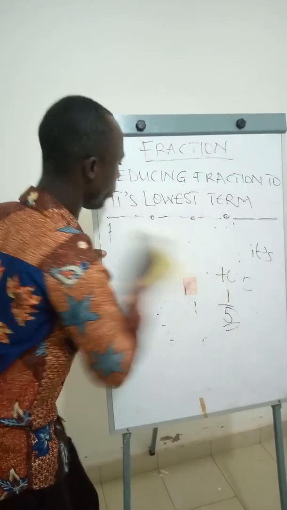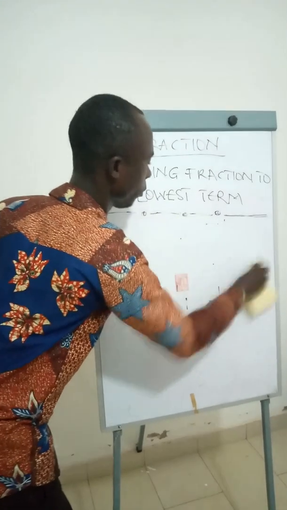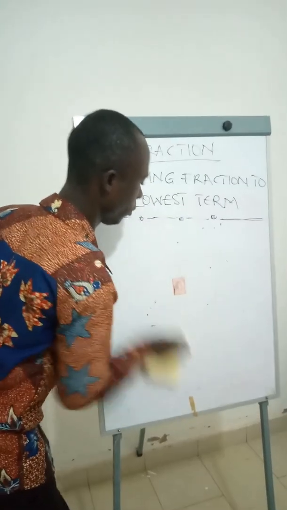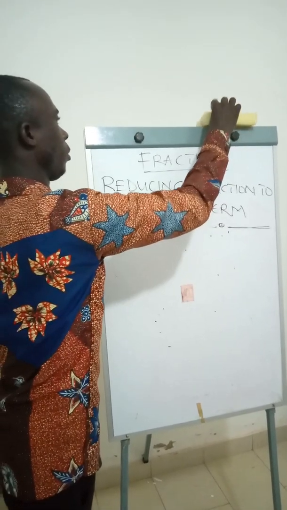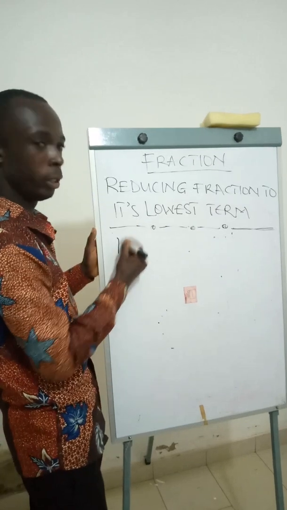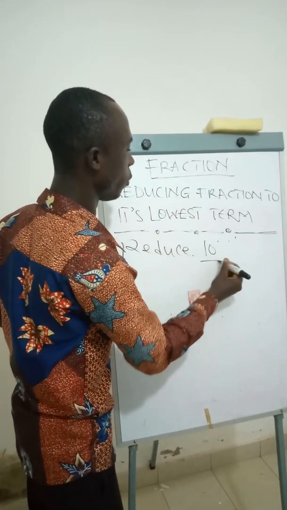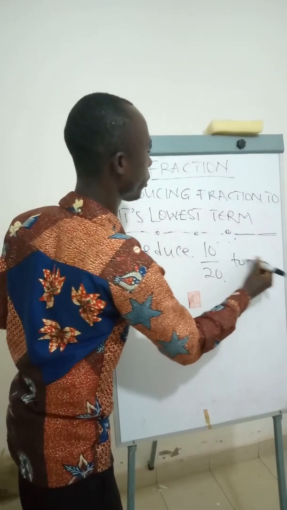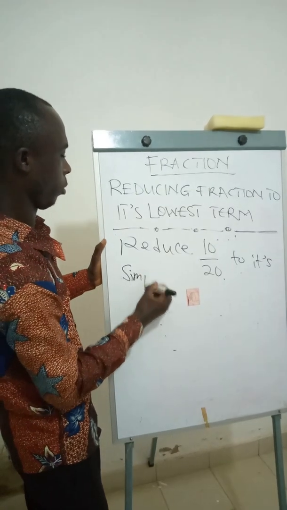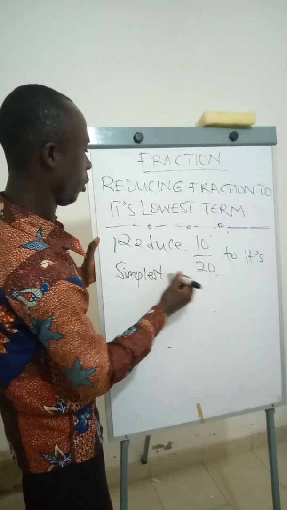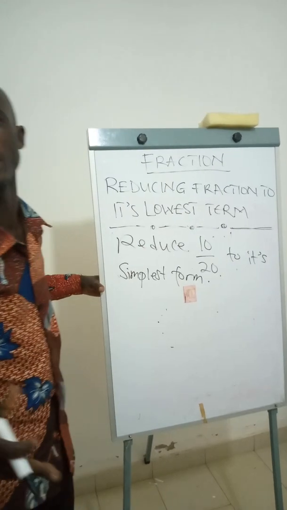The next example. Reduce 10 over 20 to its simplest form. Even though I said lowest, another name for lowest is simplest.